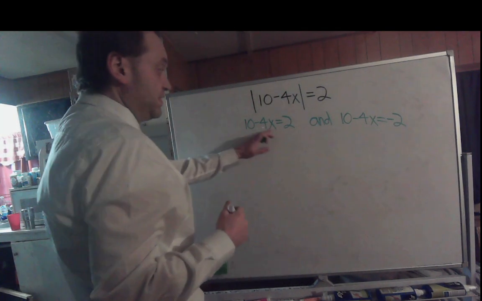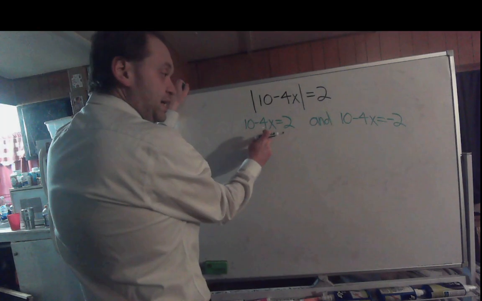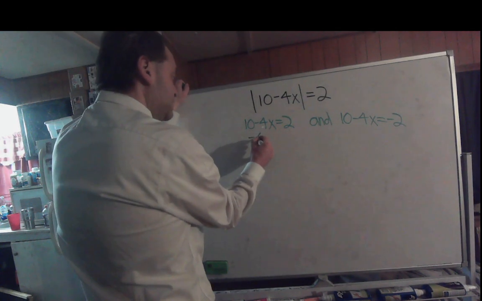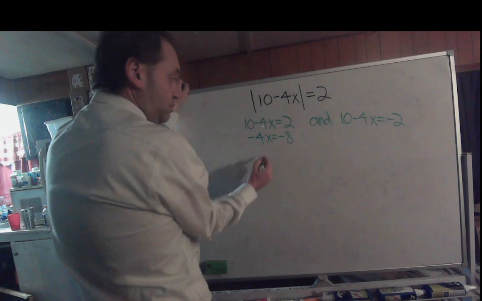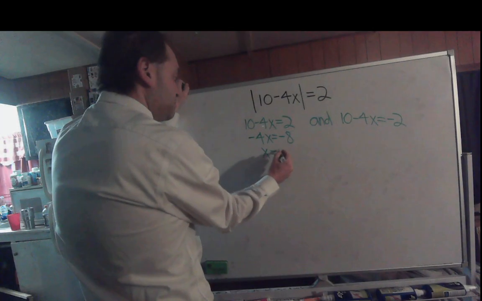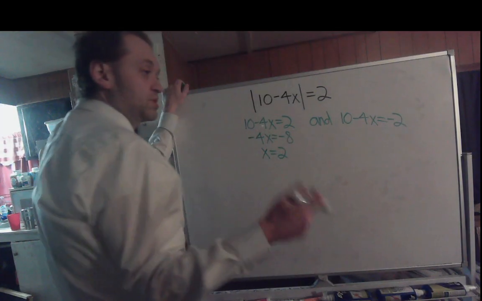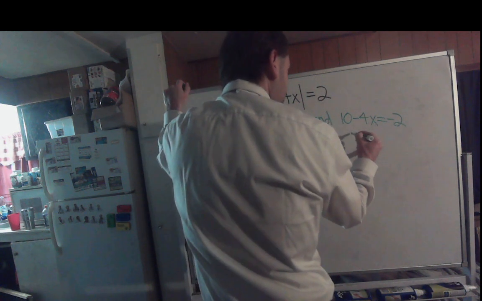So then just solve each of these equations for x. On the first one, get the negative 4x by itself, subtract 10 from both sides. You would get that negative 4x equals negative 8, which would give you that x equals positive 2. And then 10 minus 4x equals negative 2. Get the negative 4x by itself, so subtract 10 from both sides.